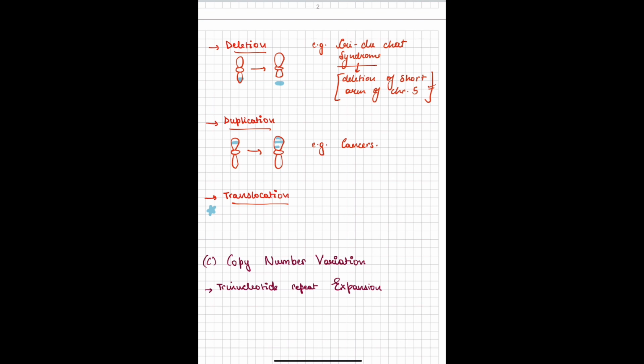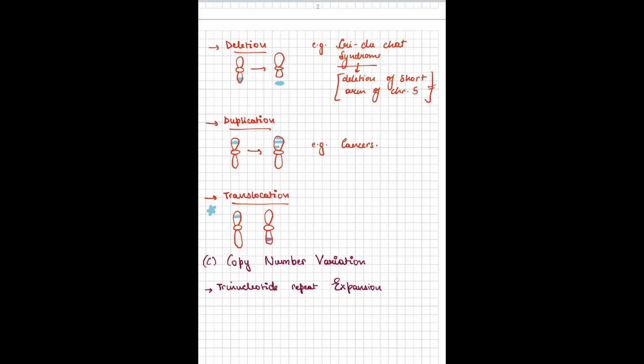What happens in translocation? Now, suppose these are two chromosomes. We have this segment of DNA, and this is another segment of DNA. Now, what was happening in insertion?